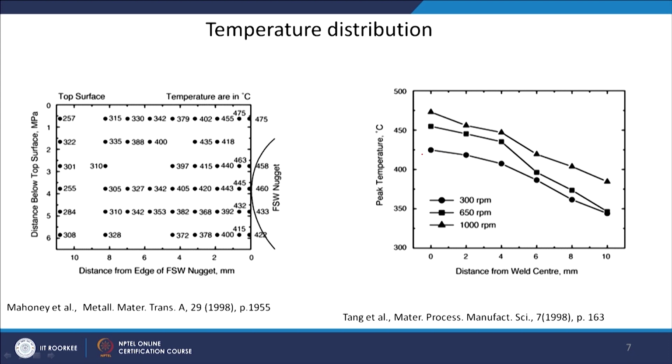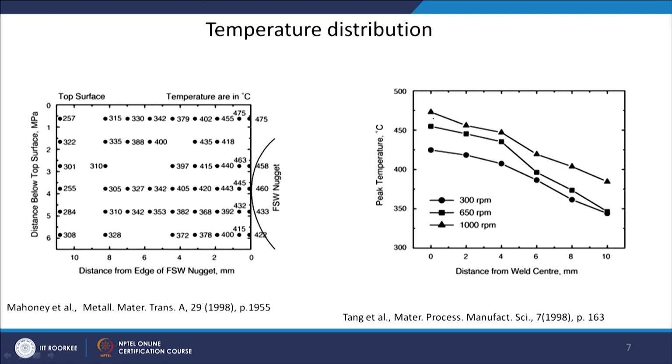At 300 RPM, which is shown by these circles, the temperature attained is around 425 degrees Celsius, and as you go away from the center line, in the nugget zone it is around 425, and at a distance of let us say 10 mm, the temperature is around 340 or 330 degrees Celsius. So, almost 100 degrees Celsius difference is there.